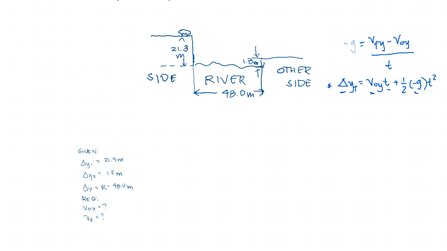Lagyan ko ito ng T para hindi kayo malito kung anong displacement yung hanapin. So, imagine niyo ito yung total displacement. So, simula dito, sa height na to, hanggang dito, sa height ng other side.